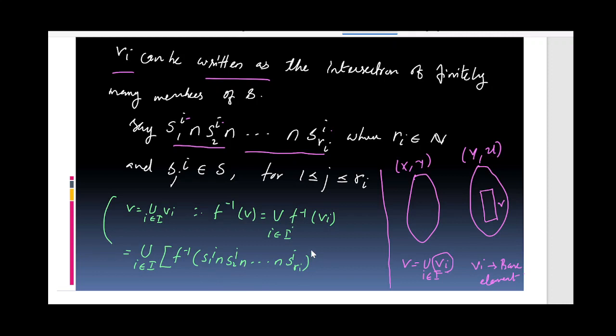Then again, F inverse commutes with intersection. So this is union i belongs to I of intersection j equal to 1 to Ri of Sj of i, this I am putting as j.